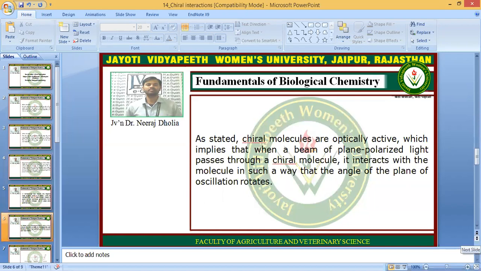As stated, chiral molecules are optically active, which implies that when a beam of plane polarized light passes through a chiral molecule, it interacts with the molecule in such a way that the angle of the plane of oscillation rotates.